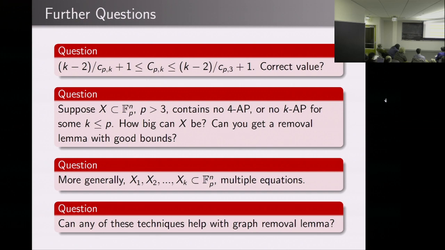This is kind of the analog of the multicolored sum free problem, and our proof can be adapted to show that if you can prove that with good bounds, then you can also get a bound on the triangle removal lemma. On the other hand, this doesn't work for other graphs for the same reason that our k-cycles didn't work, and of course, you also need to prove something better for the diamond-free lemma then.